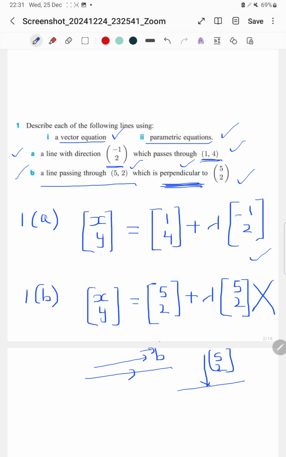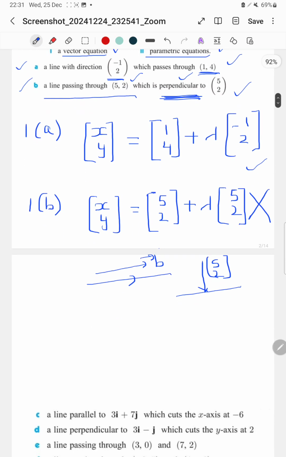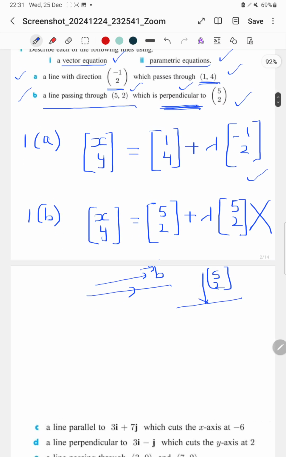Okay, in this case what do I need to do? Because they said perpendicular to 5, 2, let's assume the direction vector which is parallel to this line is b1, b2, and the line is perpendicular to these direction vectors.